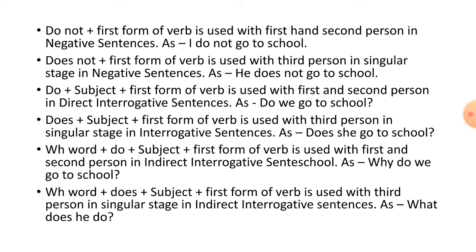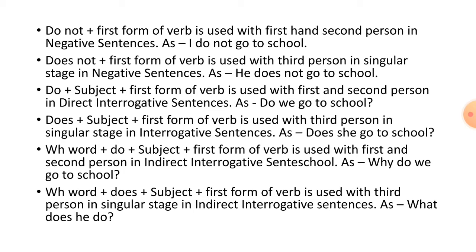I mean to say, students, in negative sense we have to use a helping verb, but we have to keep in our mind that with first and second person, and third person in plural stage, we can use do as a helping verb. But students, you know very well, if we want to show negativity in any statement we have to use not. That's why here is an example: I do not go to school.